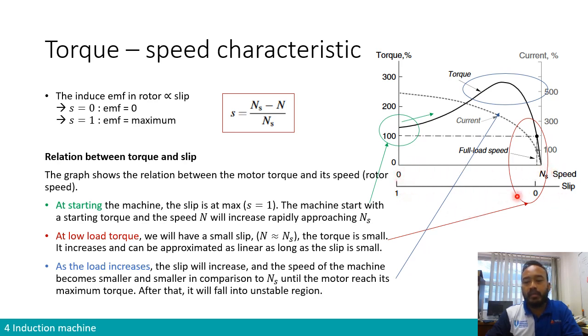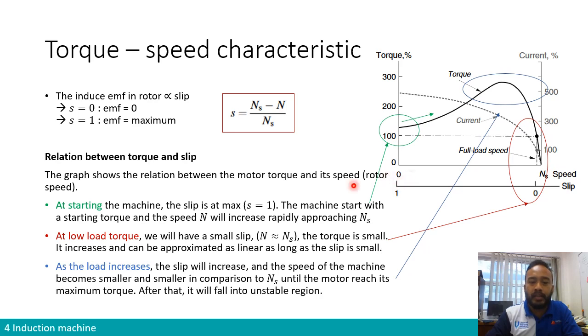You can see the slip goes from 0 at synchronous speed to 1 when it is at 0 speed, because we know that the slip is maximum when the rotor is not moving, so speed equals 0, and the slip is 0 when the speed equals synchronous speed. So I repeat, the slip is 0 when the speed is at synchronous speed, but the slip is maximum when the speed is 0.